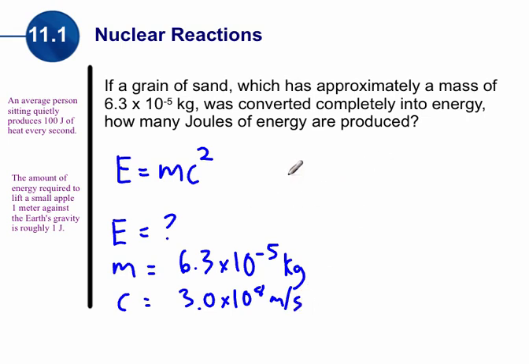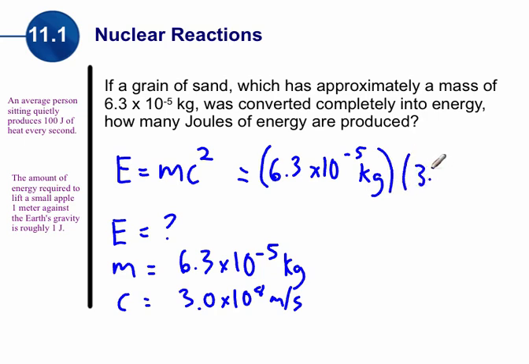Just plug it all into your equation. The mass is 6.3 times 10 to the negative 5 kilograms. And because we're multiplying, I'm going to put that in brackets, times 3.0 times 10 to the 8 meters per second, and make sure we square that.